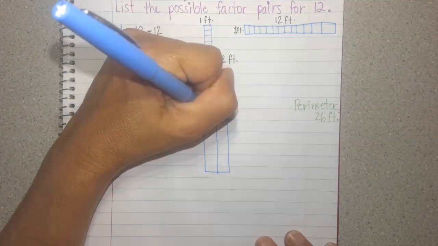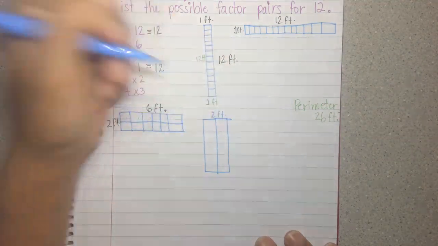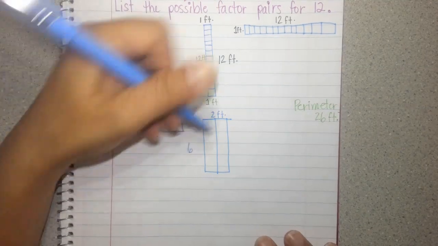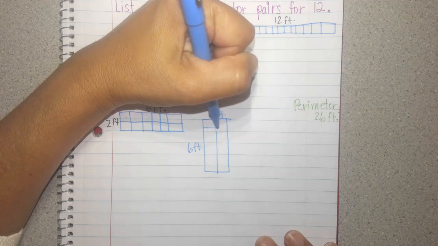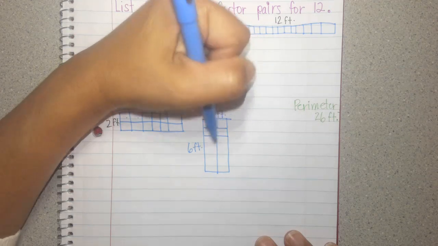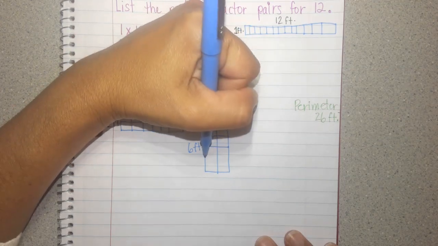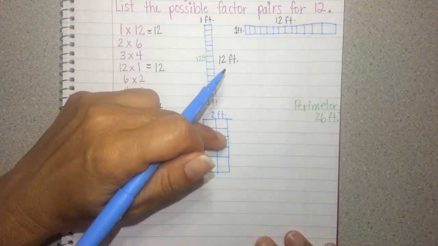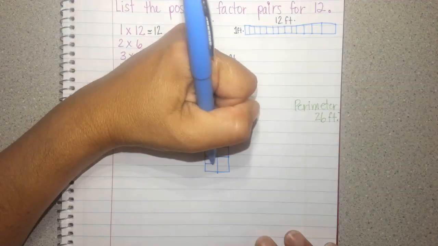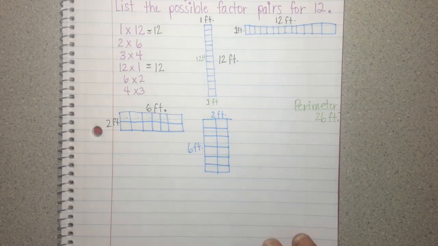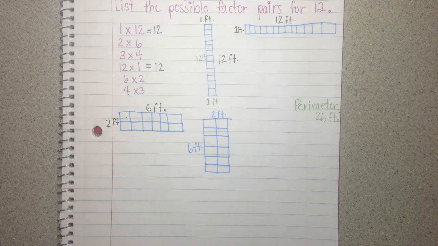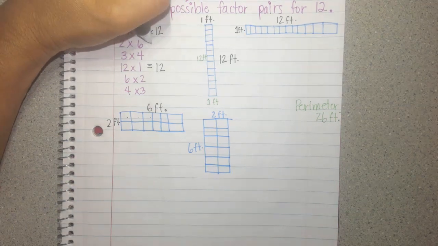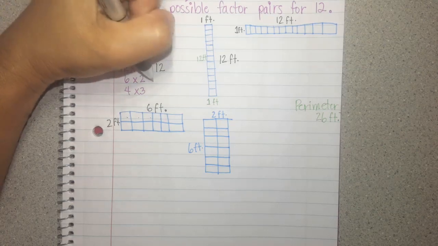Okay, so here we have 2 feet, and here we have 6 feet once I make my little boxes. 1, 2, 3, 4, 5, 6. This gives us an area of 12 because you multiply for area.